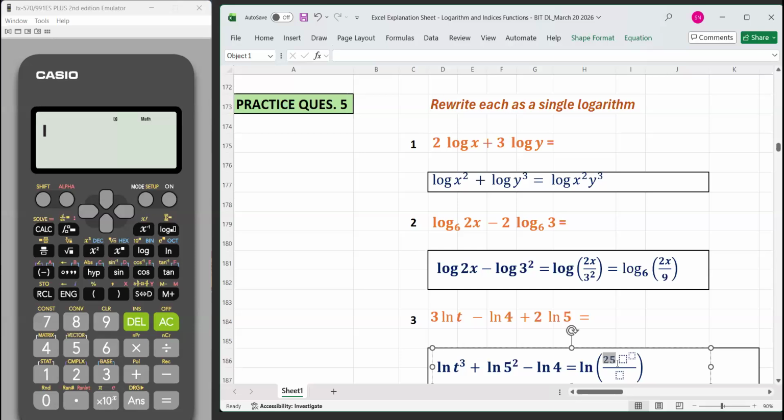So t raised to the power 3, all divided by the number 4. You use the summation and the division rule to finish.